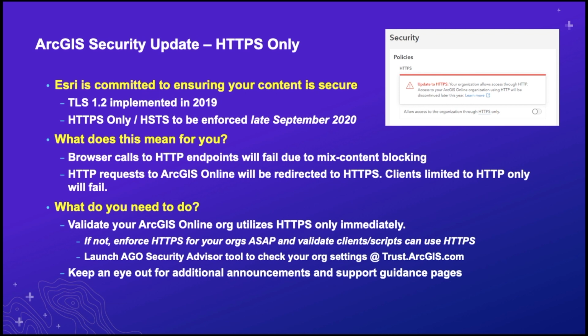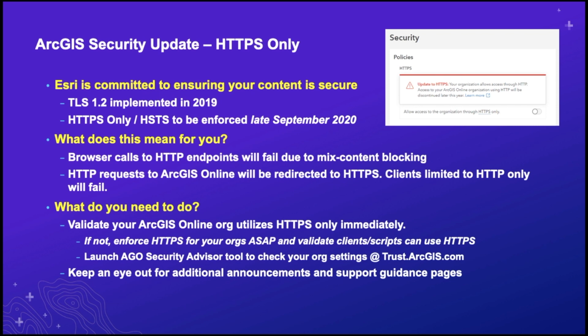But if you're an older organization, you should go to your organization pages, and if you see something like this up here on the right, it means that your organization doesn't have HTTPS on, and so you should try to switch it on, test your applications, and validate that they still work. If everything works, then you're okay. Otherwise, you'll have to go through your information and try to figure out where you have HTTP references.